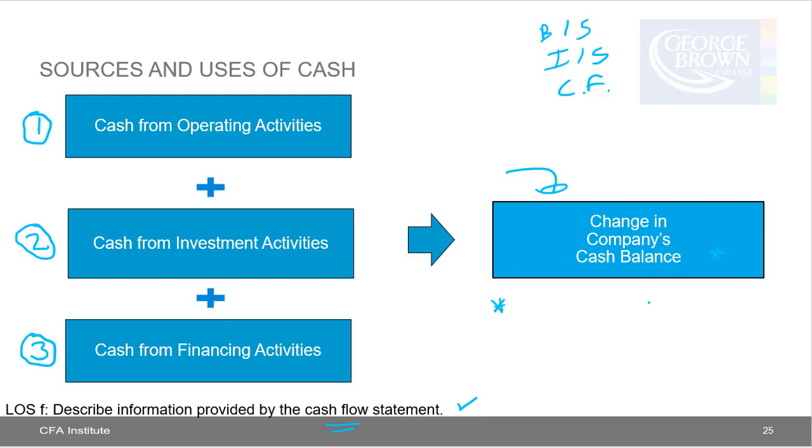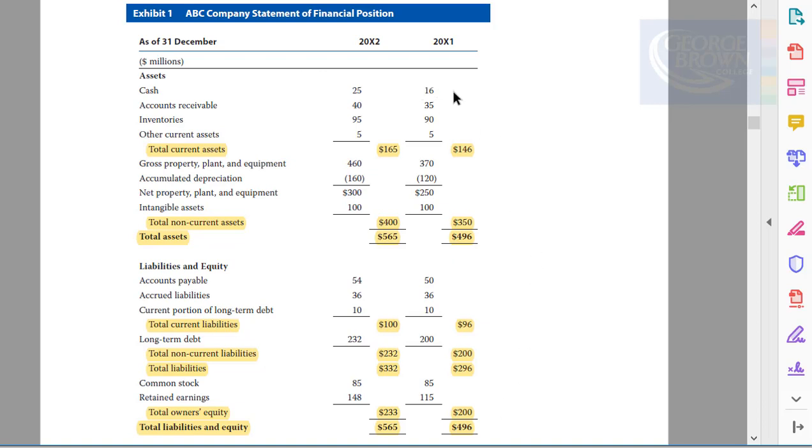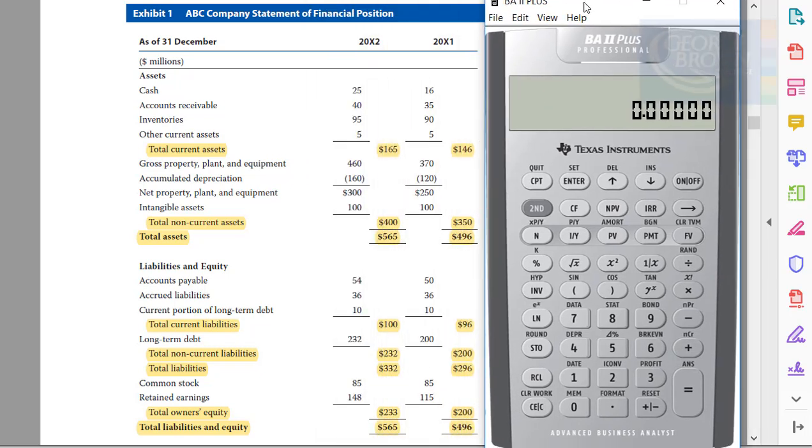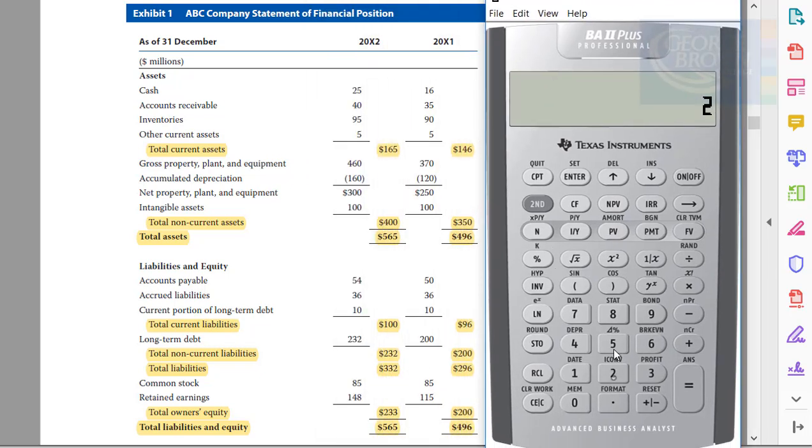If I bring up the balance sheet for ABC Company again, we can see that in 20X1, the company had cash of $16 million, and as at December 31st, 20X2, ABC Company had $25 million in cash. So 25 minus 16, the cash grew on the balance sheet by $9 million.